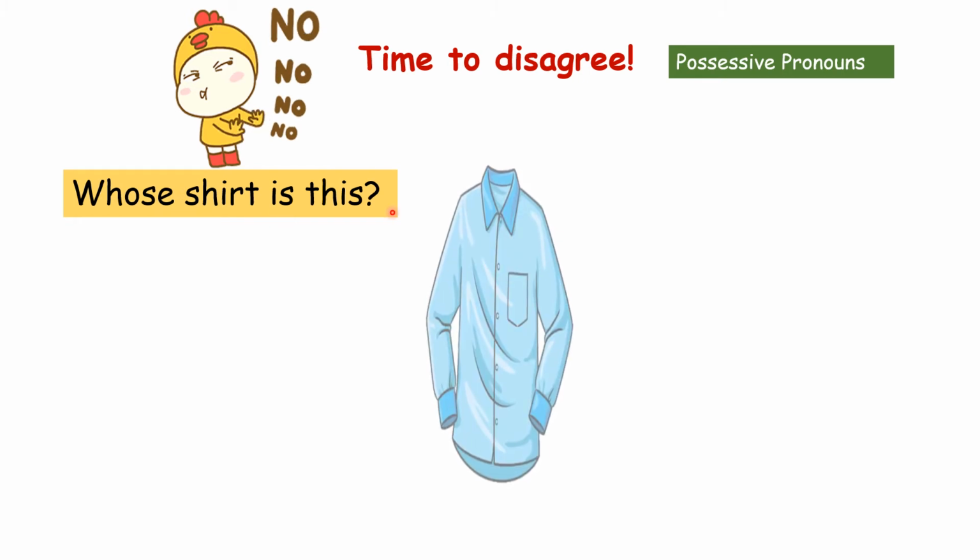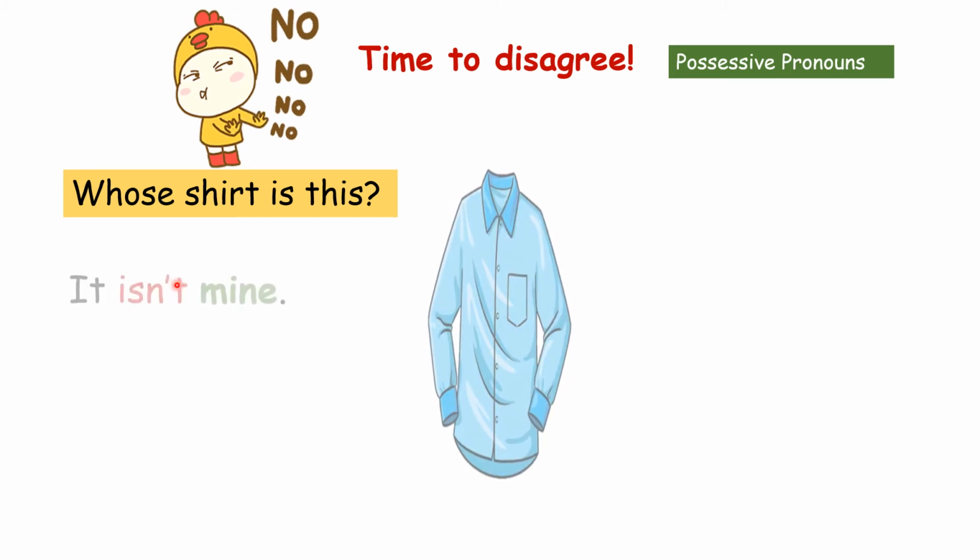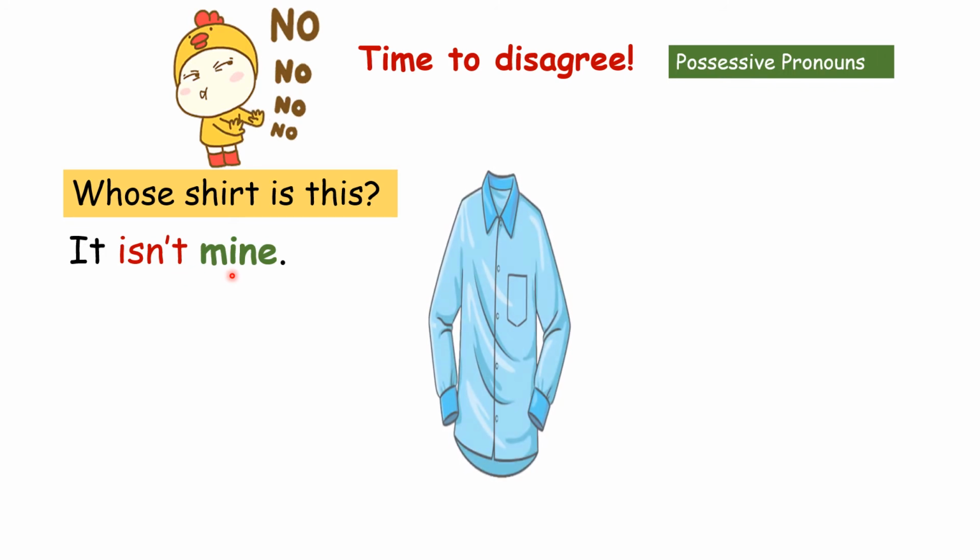Whose shirt is this? Now remember, when is this is used, it is talking about one thing only. Now, how to disagree to the ownership? We say it isn't mine. This is saying no, that's not mine.